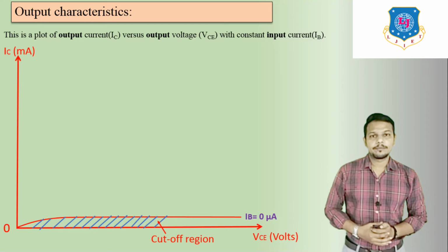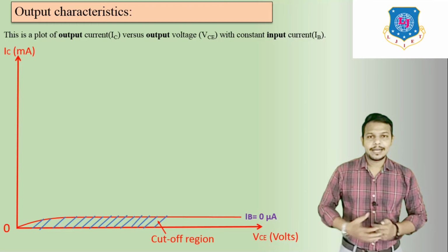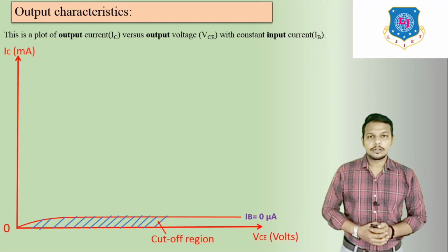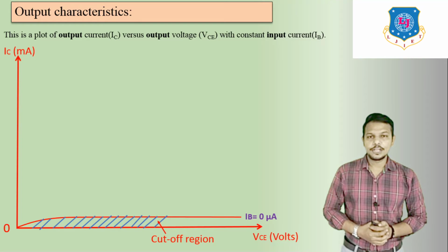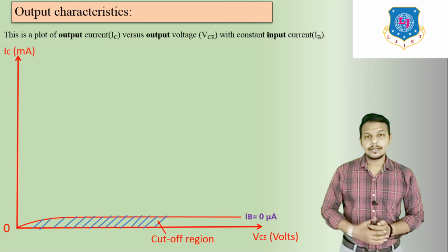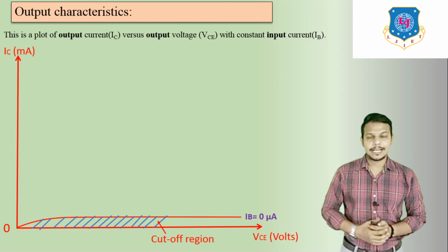Now second, the active region. Active region means your emitter-base junction should be forward biased and your collector-base junction is reverse biased.